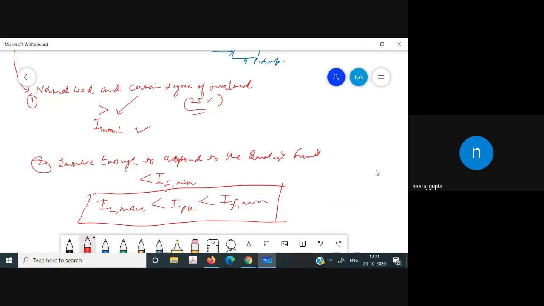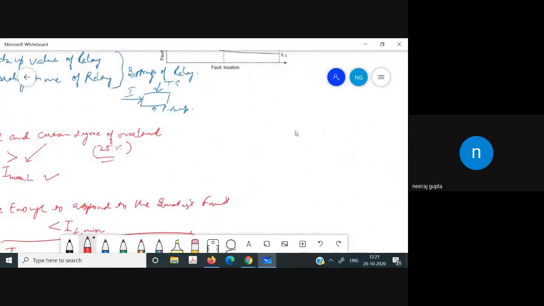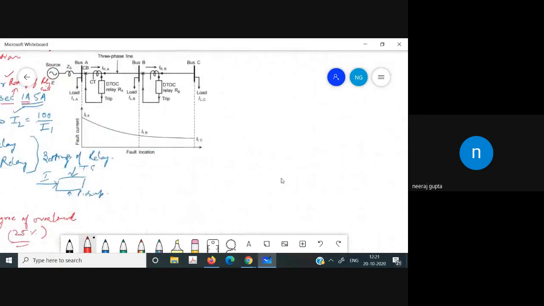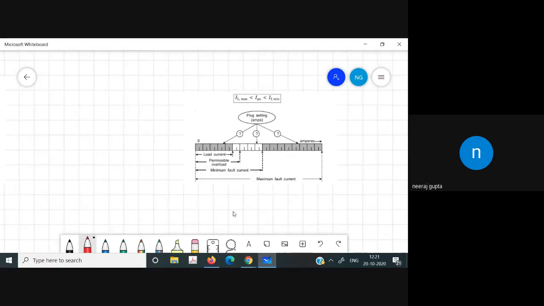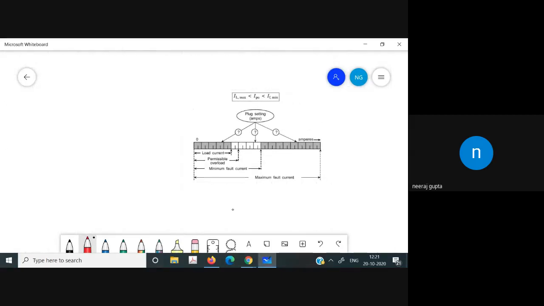Now this can be explained with a simple diagram. Let us suppose that this is the load current, and this is the permissible overload, which is permitted, say 25%. This is the minimum fault current, and this is the setting of the relay.